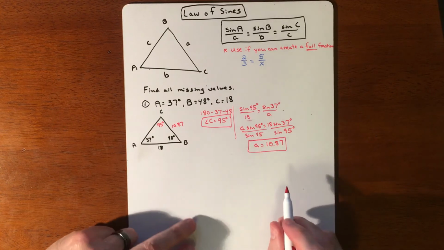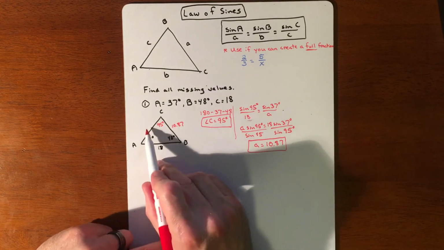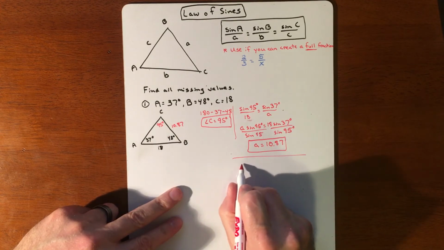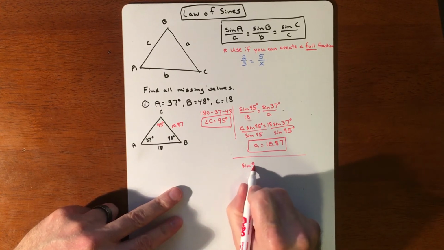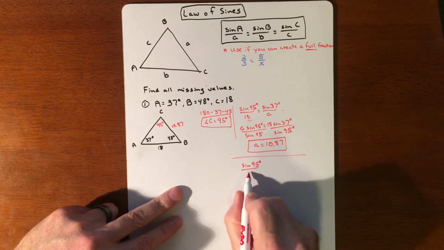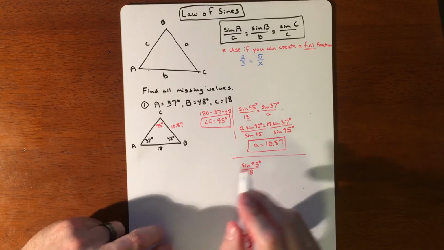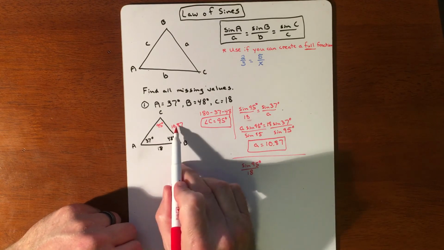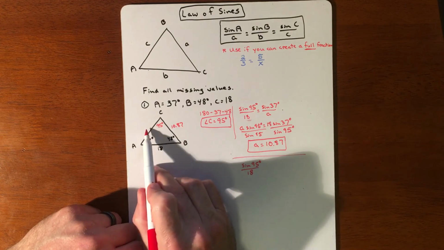All right, our last thing is we're looking to figure out what B is. So we'll do the same exact starting, sine of 95 degrees over 18. I try not to use pieces of information that I found as answers, because if I messed that up, it guarantees the next piece to be wrong.